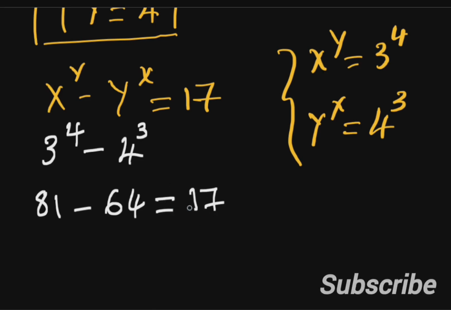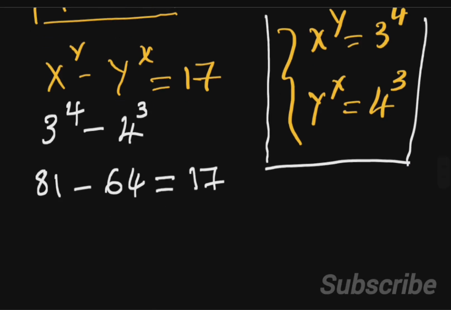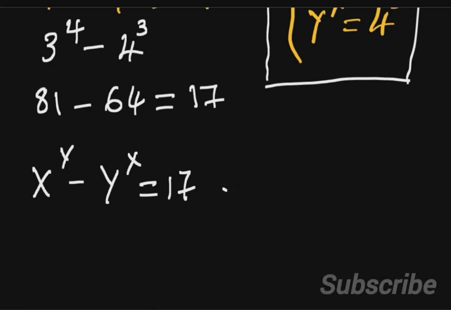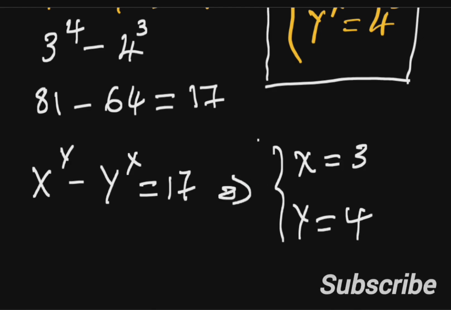At this level, we can see that our values are okay. So finally, for this equation, x to the power of y minus y to the power of x equals 17, the solution is x equal to 3 and y equal to 4.